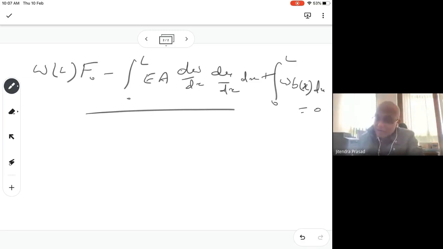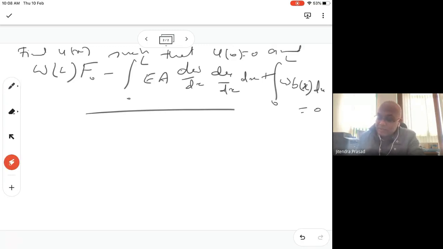So we have this final formulation, and the problem is: find ux such that u0 equal to 0, and this is equal to 0 for all w with w0 equal to 0.